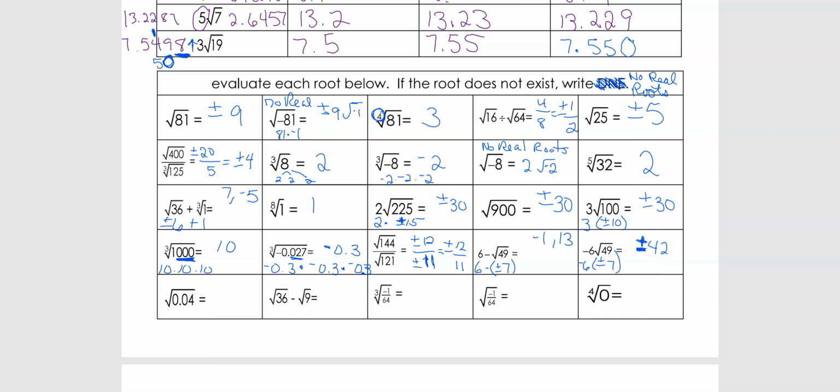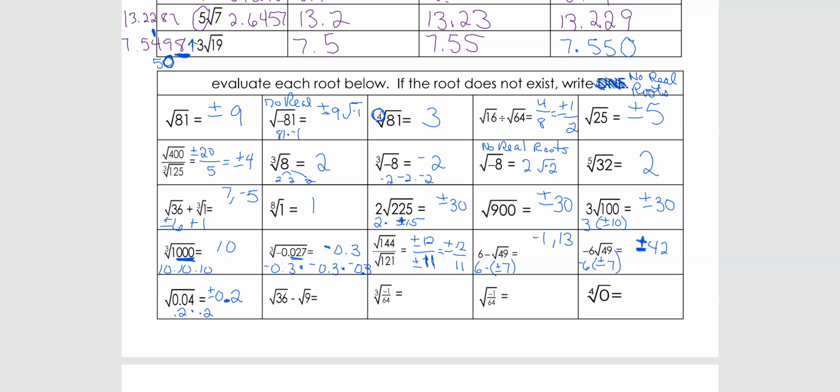All right, square root of 0.04. So we know the square root of 4 is 2. Let's figure out our decimal places. There's 2 decimal places, 2 numbers. So we get 0.2 times 0.2. So the square root of 0.04 is positive or negative 0.2, sorry.